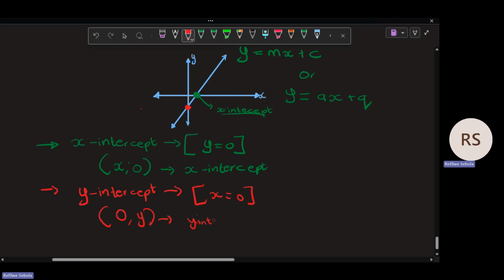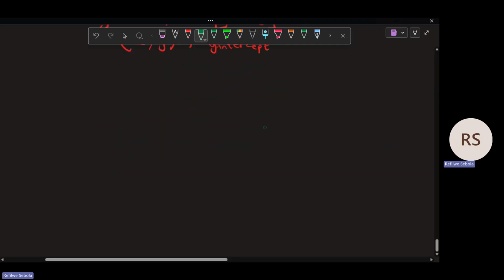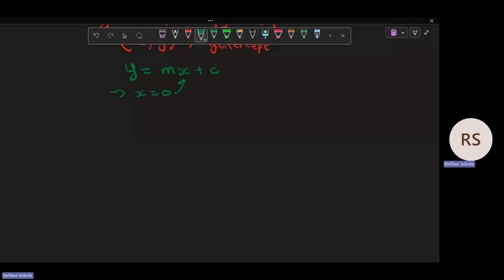So let us analyze this using our equation. If we have y equals mx plus c, and we want the y-intercept, that means when x equals 0, we substitute x where we see the x variable.